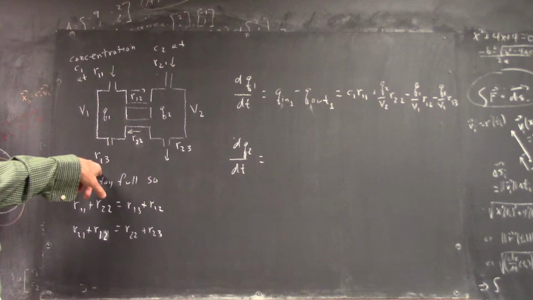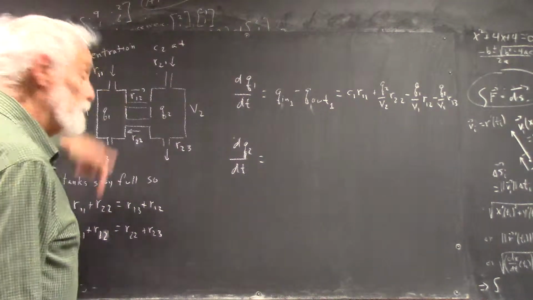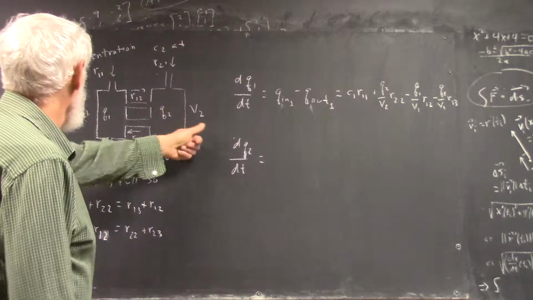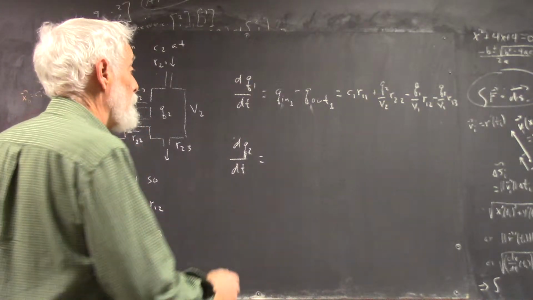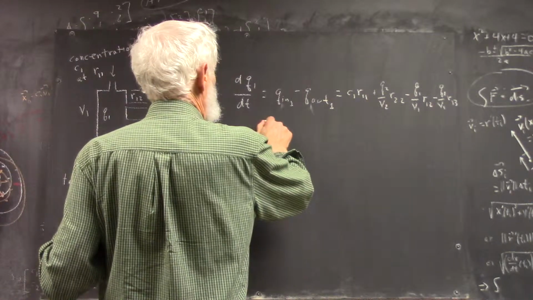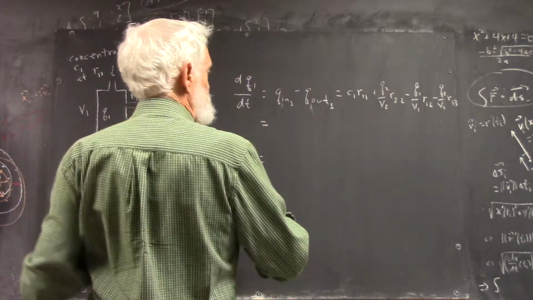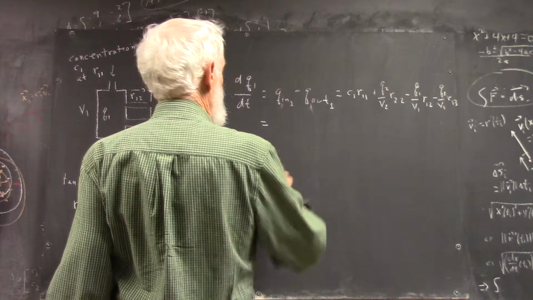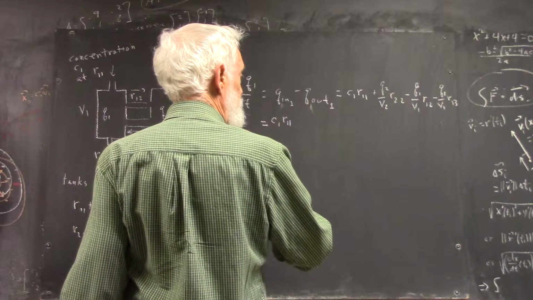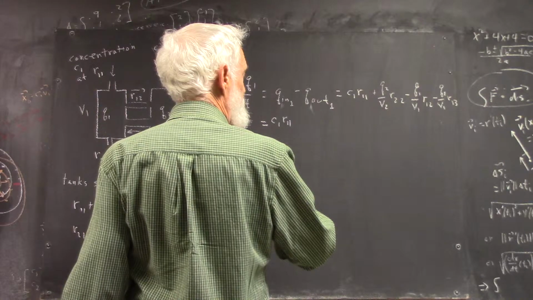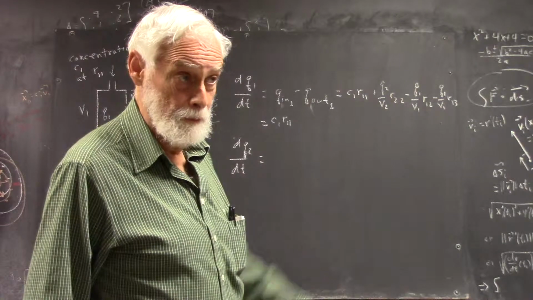Okay? So, this concentration's going out here, going out here. This concentration's coming in, and this concentration's coming in, all at different rates. And we can kind of then summarize this as C1R11, and that's independent of Q1 and Q2.